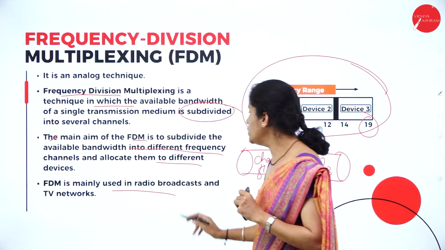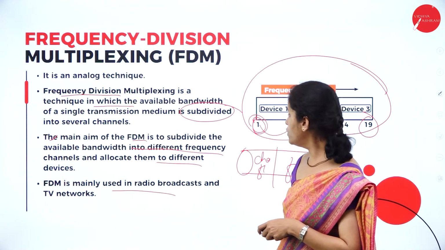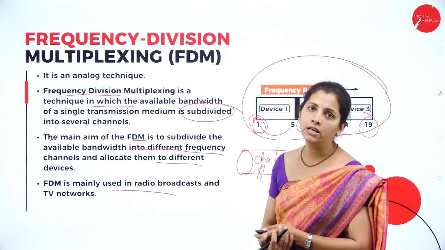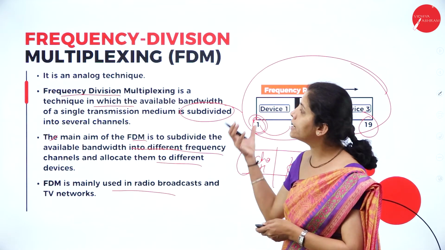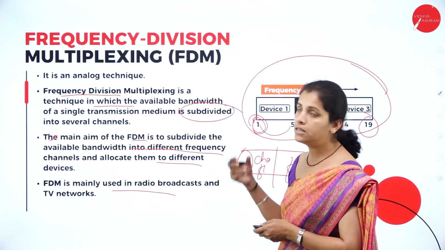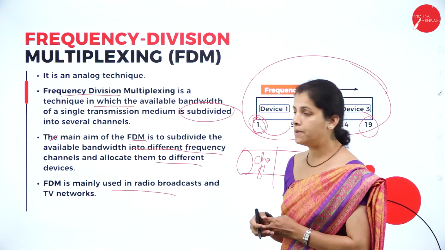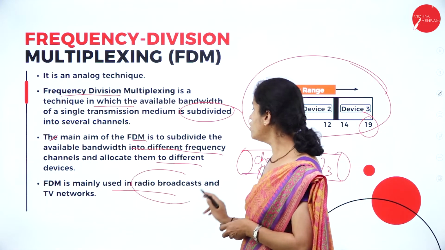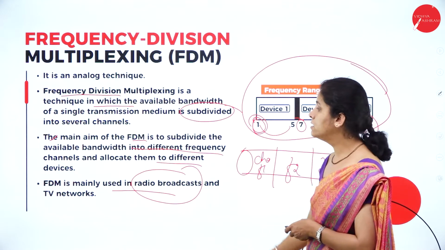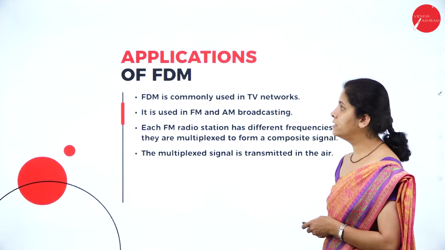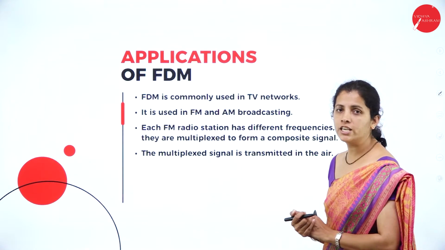It is mainly used in radio broadcast and TV network. So where can we find frequency division multiplexing, that is FDM? In our radio broadcast and TV network.